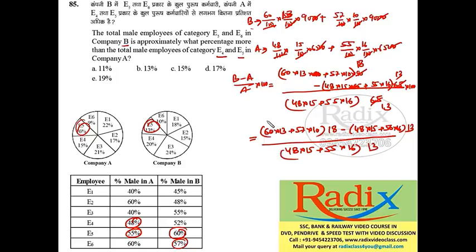So we can write this as 30, this is 5, this is 24, this is 8, right? This is 55, this 24, this 8. Now simplify this.